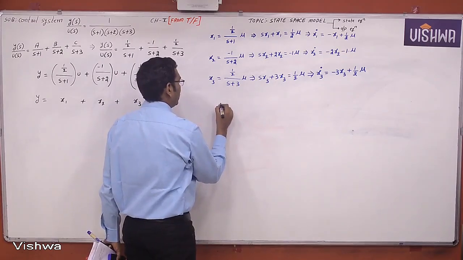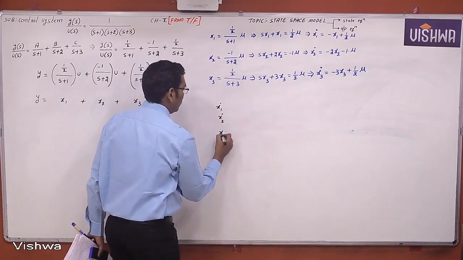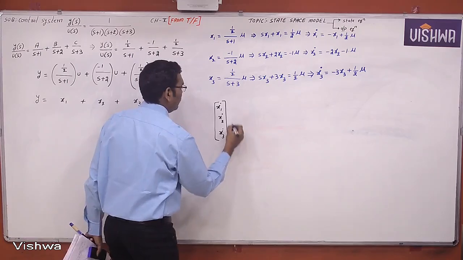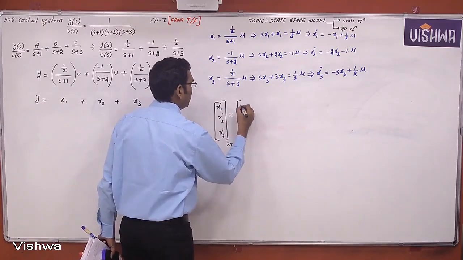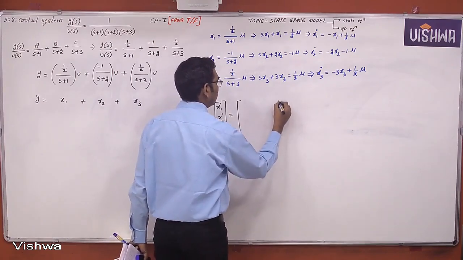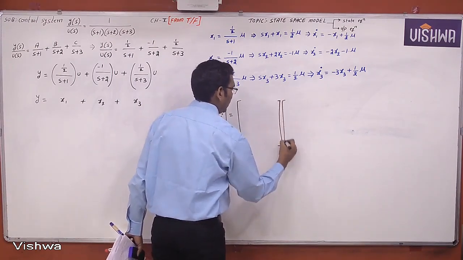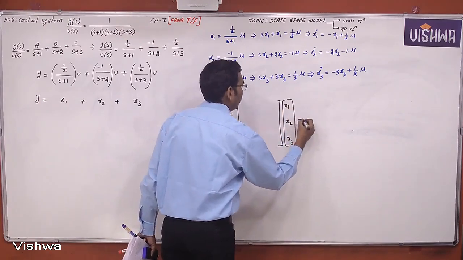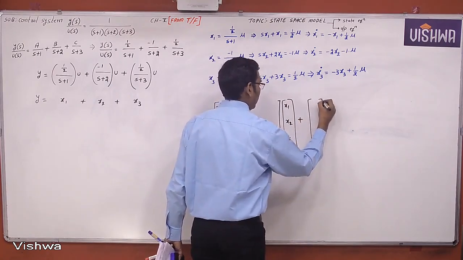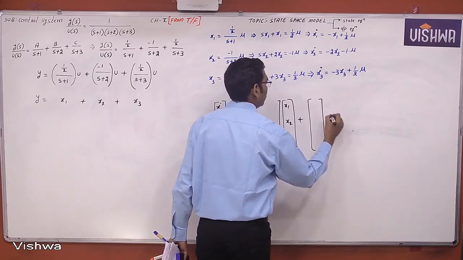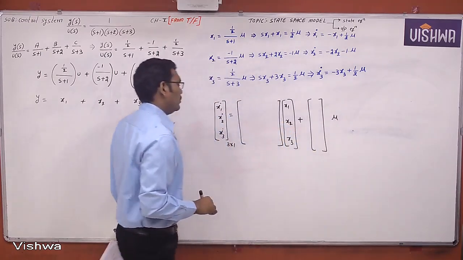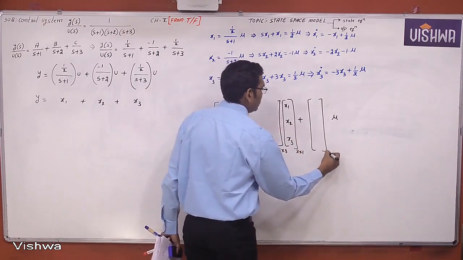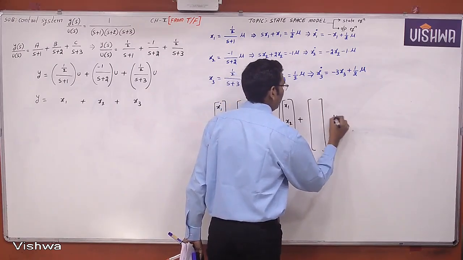X1 dot, X2 dot, X3 dot is 3 by 1, equal to a 3 by 3 matrix into X1, X2, X3, plus a 3 by 1 matrix into U, which is only 1 by 1.